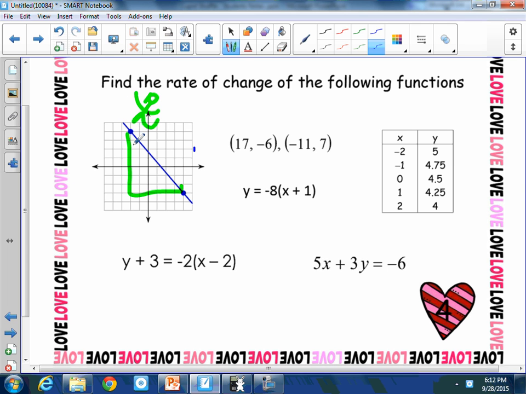All right, so that would be 1, 2, 3, 4, 5, 6, and 7 over 1, 2, 3, 4, 5, and 6, and it is negative, okay? For this one, I would go to y equal to.